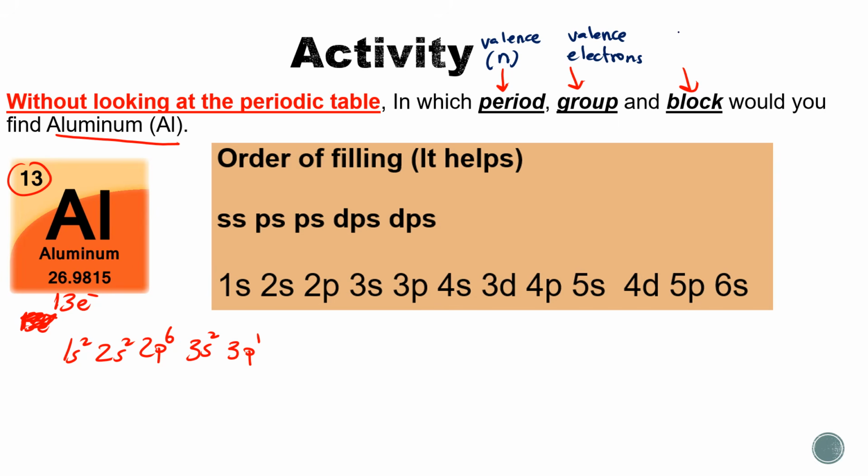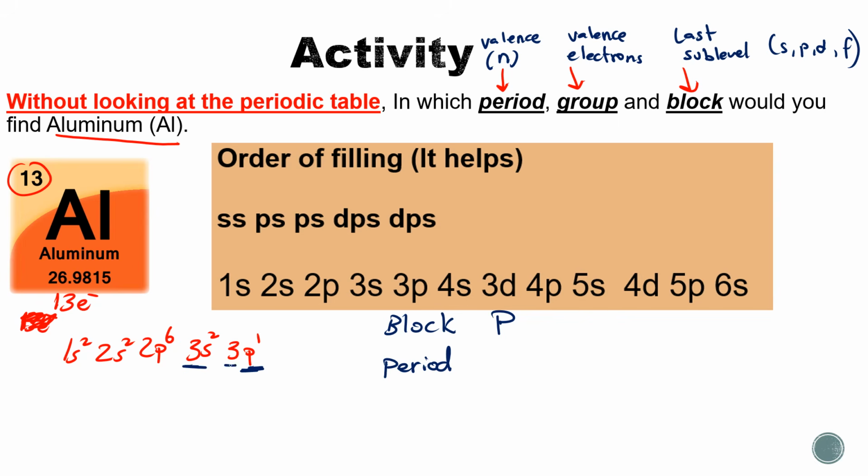And to know the block we need the last sublevel or subshell, which is s, p, d or f. What's the easiest thing you can know from here? The last subshell. So it's in block p.